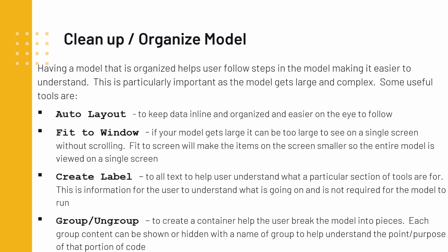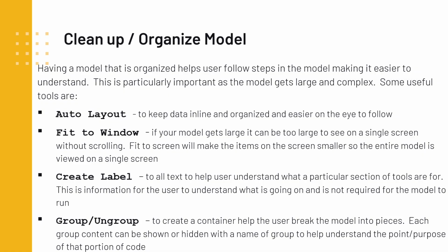There's also a fit to window. So if your model starts to get large, it can actually start to move to multiple screens. Okay. If you want it to be seen on a single screen, you can use the fit to window. It's going to make all the tools a little bit smaller, a little bit more difficult to read, but you'll be able to see the outline of your entire model.